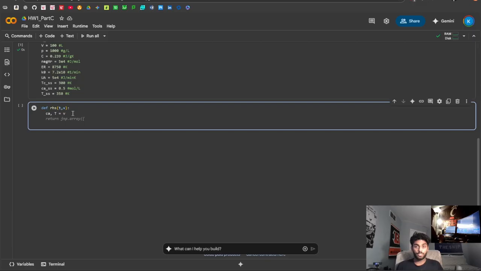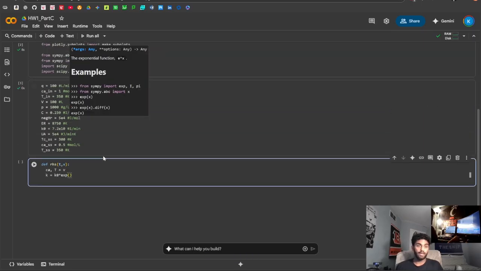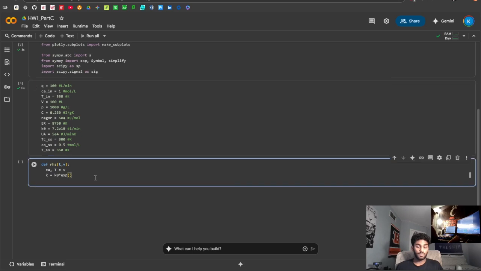The next thing we want to do is calculate what our K value is, our rate law constant. What is that going to be? So we defined our K naught, and we had expressed that it's going to be the product of K naught and e to the power of minus E over RT, capital E over RT, activation energy over the gas law constant times temperature.